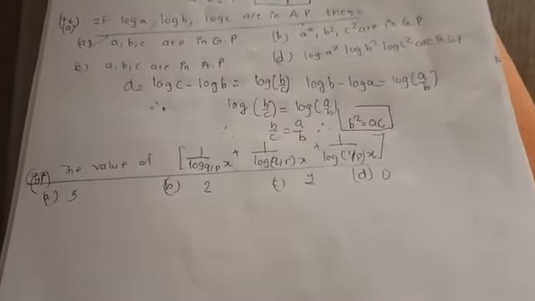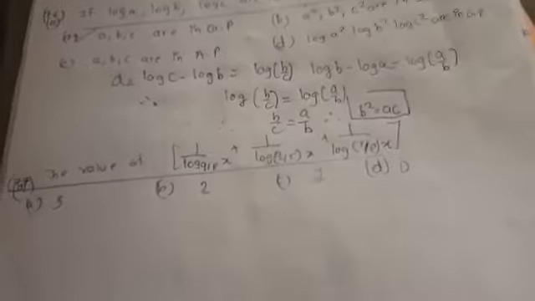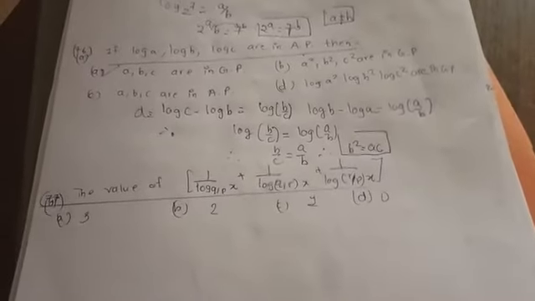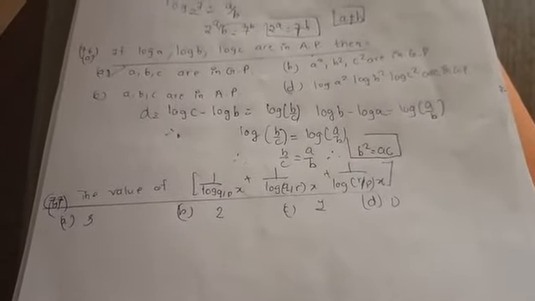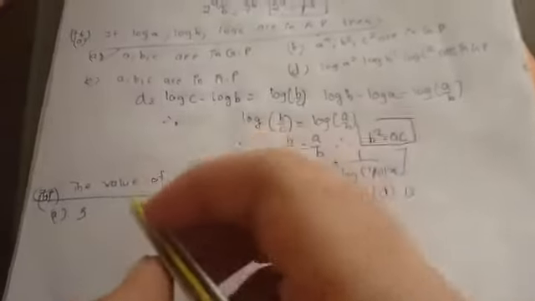77th question, the value of 1 upon log x to the base q by p plus 1 upon log x to the base q by r plus 1 upon log x to the base r by p.